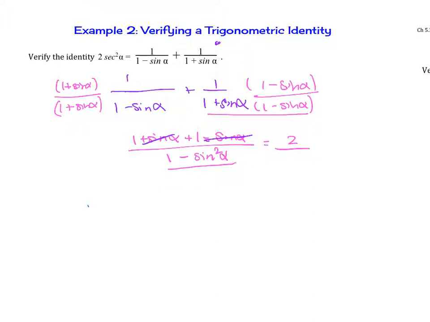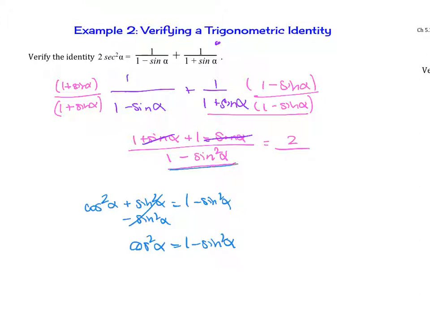Thinking about our Pythagorean identities, cosine squared of alpha equals 1 minus sine squared of alpha. So this changes to 2 over cosine squared of alpha, and another way to write that is 2 times secant squared of alpha. And it verifies.